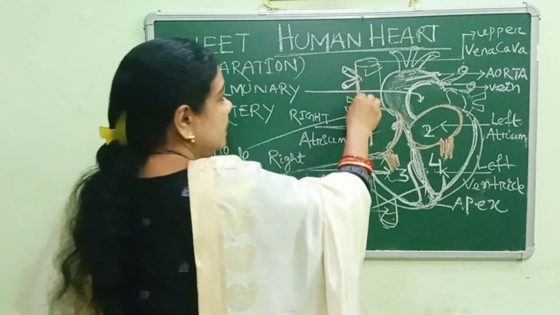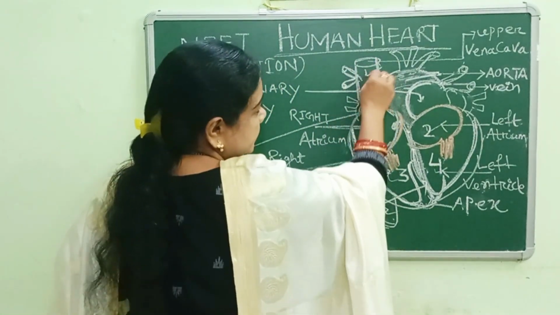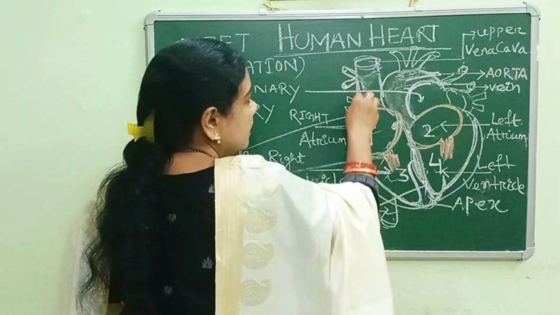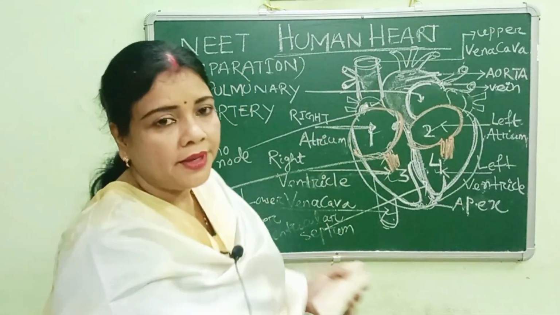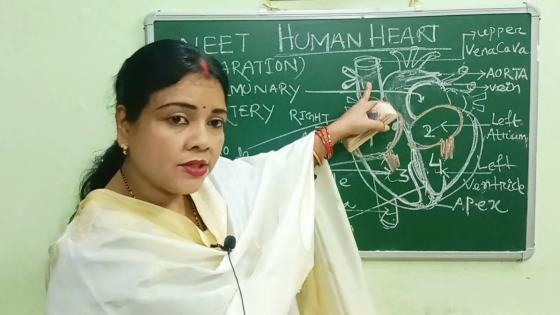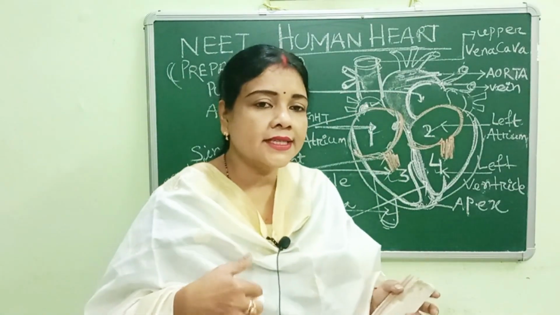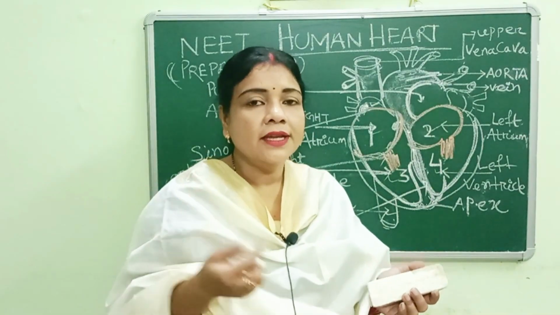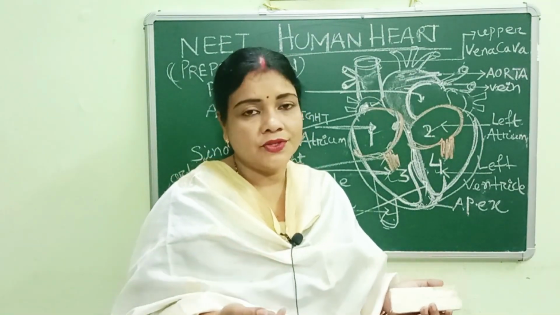The upper part is known as the superior vena cava, which collects deoxygenated blood from the upper part of the body, that is our head, neck and arms.